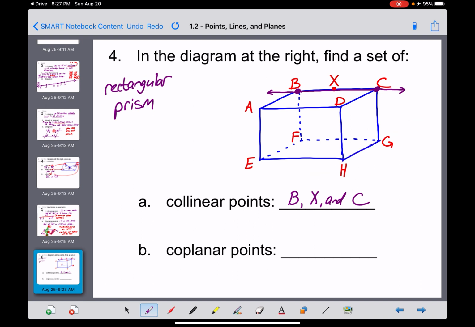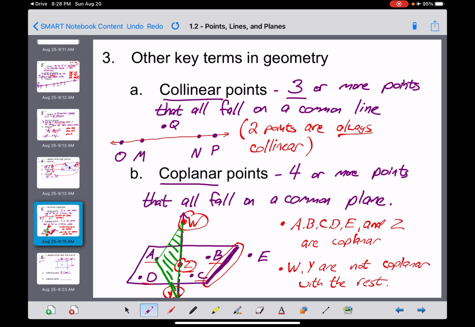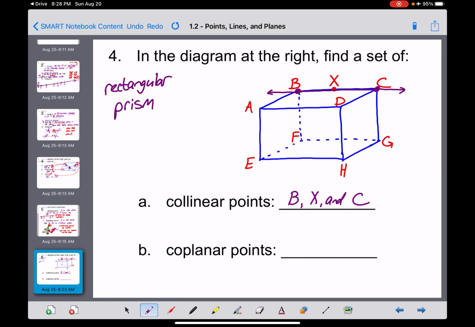Okay, and the last thing we have here, can we name a set of coplanar points? So remember, coplanar points have to be 4 or more that all fall in a common plane. We don't bother listing 3 coplanar points because 3 points are pretty much always coplanar. All right, so 4 of them that all fall on a common plane, this is where the box kind of comes in handy.